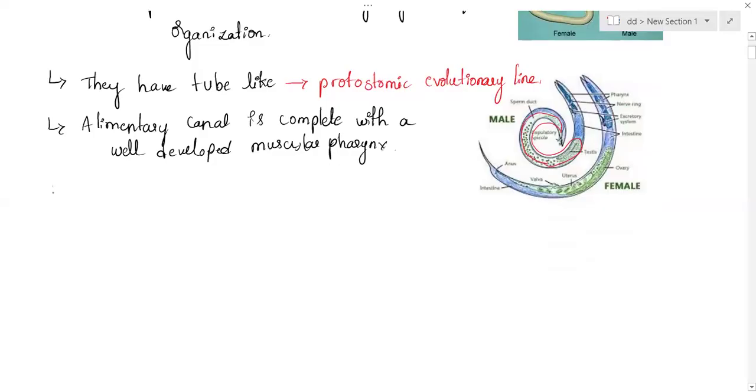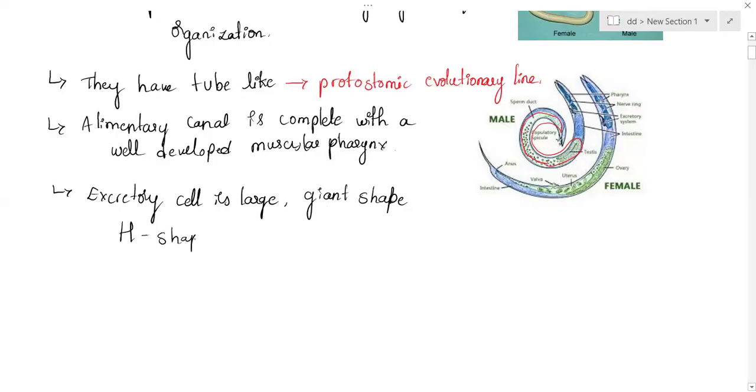There's one more point. The next point is the excretory cell is of large size. We have an excretory organ, but they have an excretory cell, because they are very minute in shape. The excretory cell is large, and it is H-shaped. We call it the H-shaped cell.